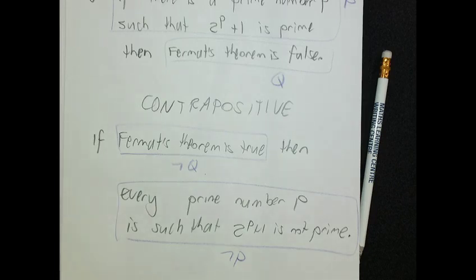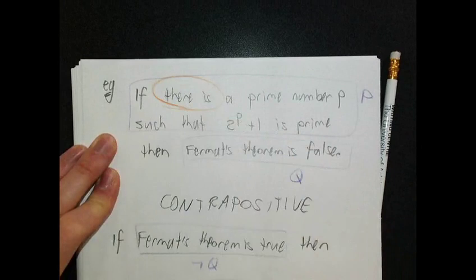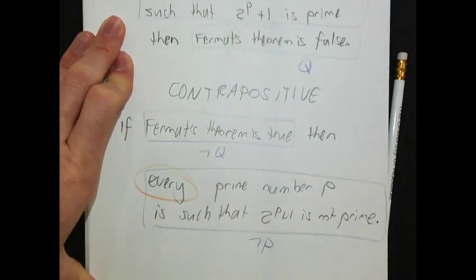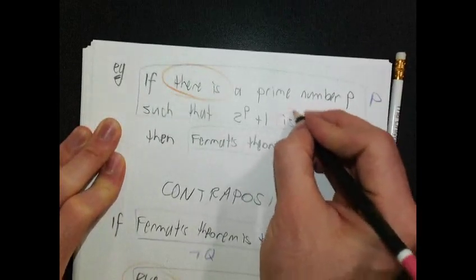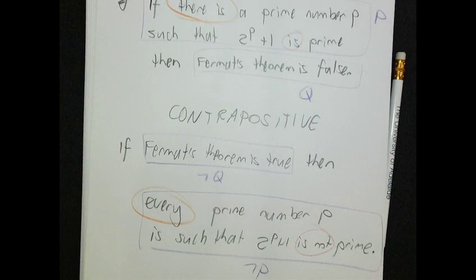So you'll see that I'll use a different colour, the there is here became every, and the is prime became is not. So that's how that statement got negated.